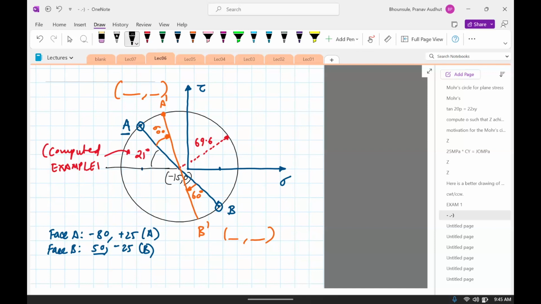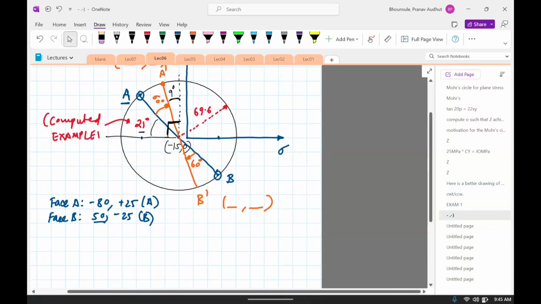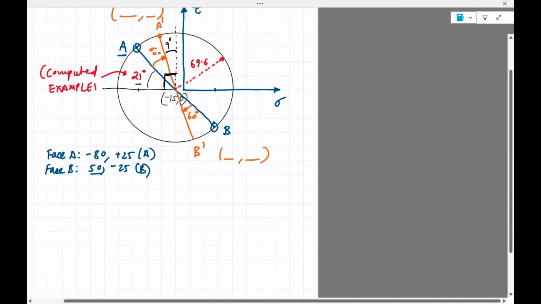Okay, so if that is 60 degrees, and this is 21 degrees, so it's 81. So this should be 9 degrees, because this whole thing is at 90 degrees. Okay, so with that, I think that should give me enough information to compute the coordinates of A.